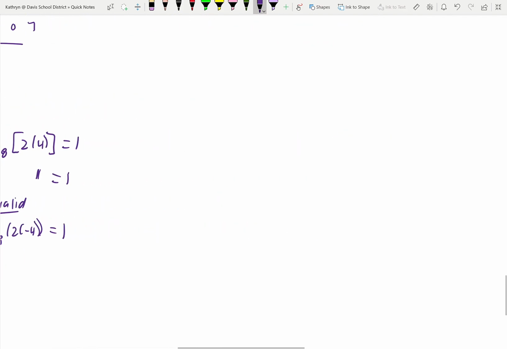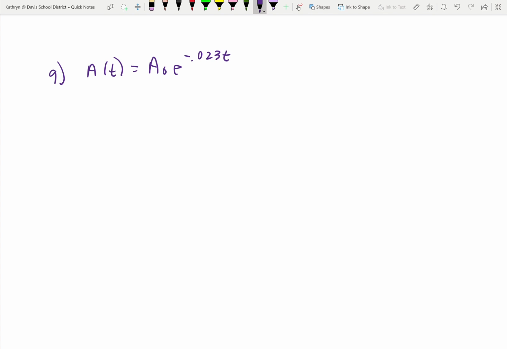Okay, here's question 9. A radioactive material decays according to this function. Okay, so here is your equation. A sub 0 is the initial amount, and A is the amount present after t days.